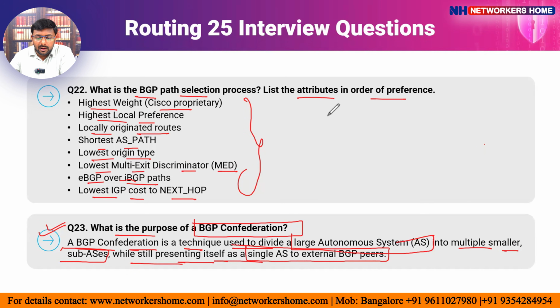For example, we have an AS number, say 100. Under this, we have certain different routers. Let's say some of the routers are in AS number 1, some in AS number 2. We are dividing it. And we have one more router that is outside of this AS.